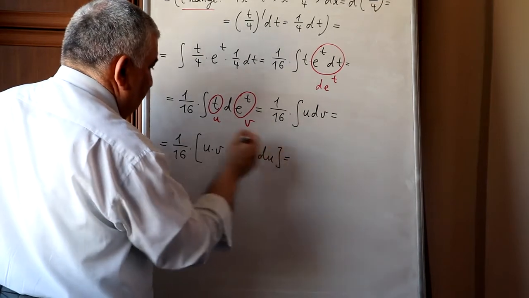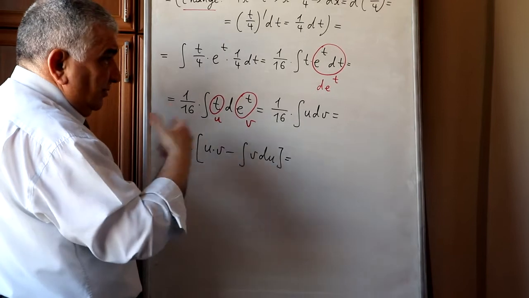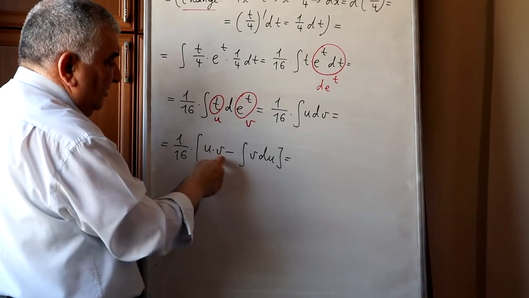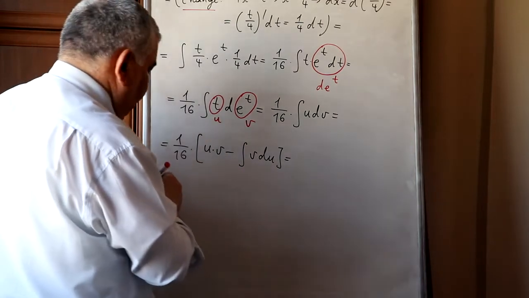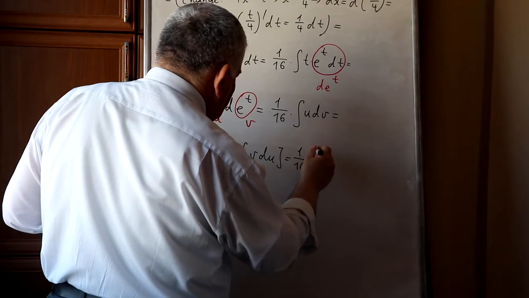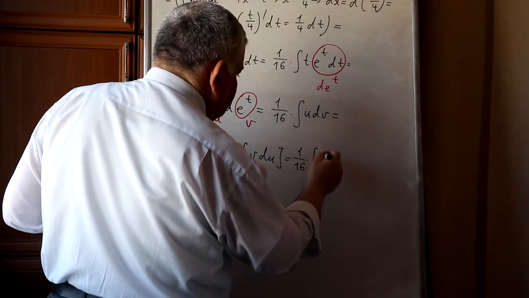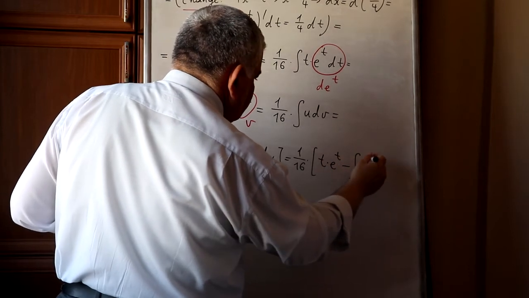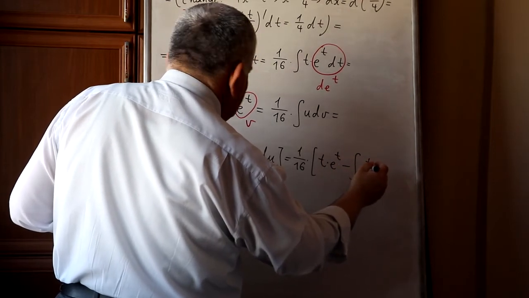Then return to the variable t, substitute t instead of u and e to t instead of v. 1/16 multiplied by t multiplied by e to t minus integral e to t dt.